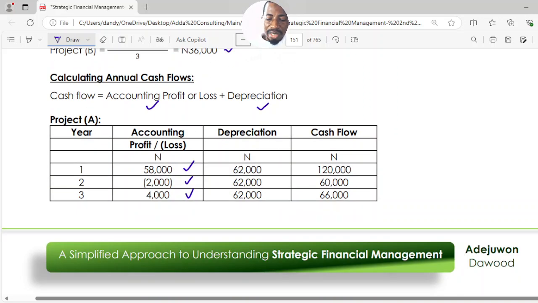So every year 62,000. To get the cash flow, accounting profit or loss plus depreciation. That's why you have 120,000 in the first year, minus 2,000 plus 62,000 will give us 60,000. 4,000 plus 62,000 will give us 66,000. These are the cash flows I need to calculate my payback period.